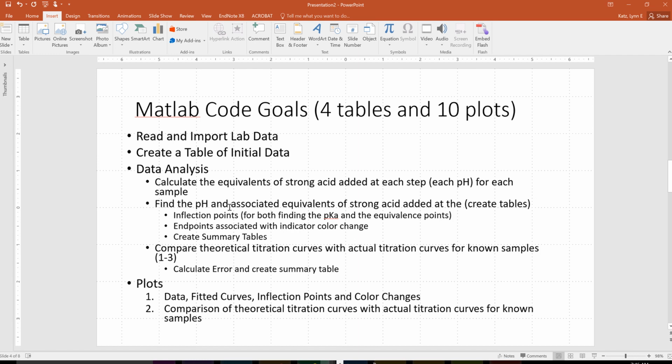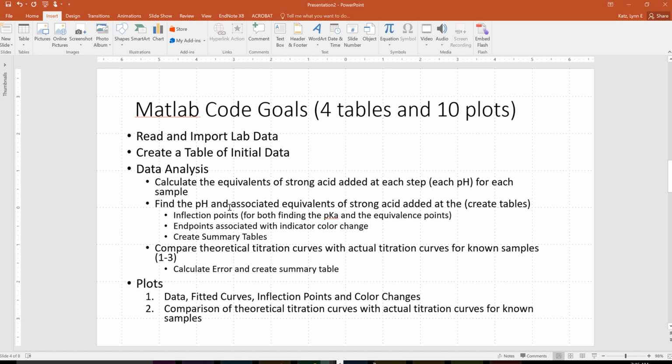And then that also creates summary tables. Then finally, it will compare the theoretical titration curves with the actual titration curves for the known samples and create a summary table that shows you the error between what we actually collected in the lab data and what we expected based on what we initially added in samples 1 through 3.